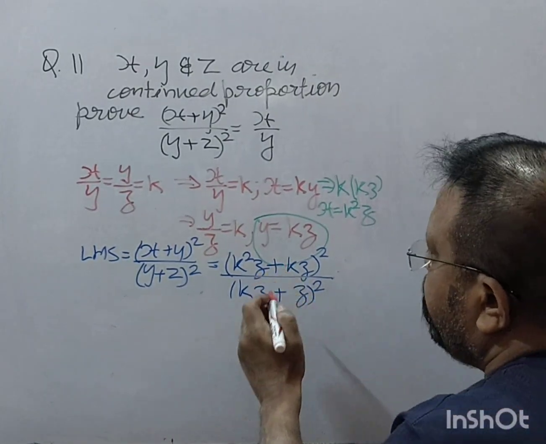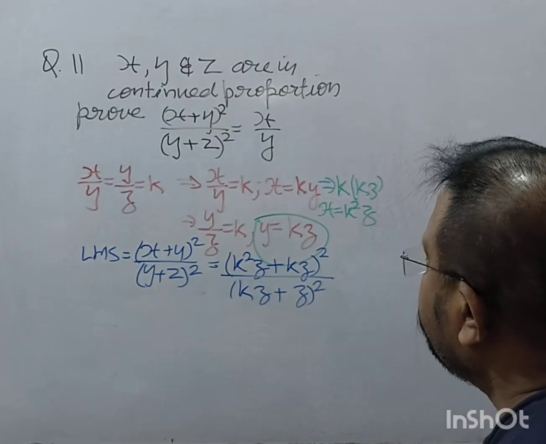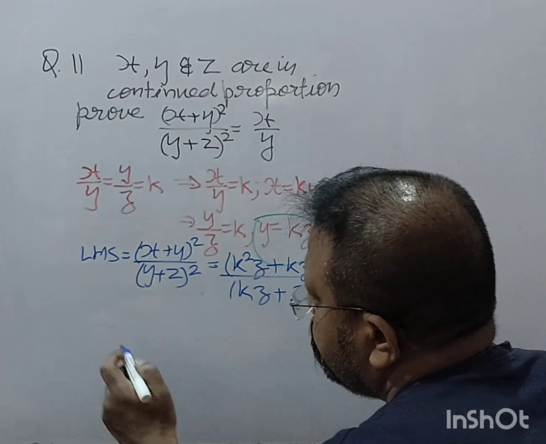If we do the expansion of this, then what happens?